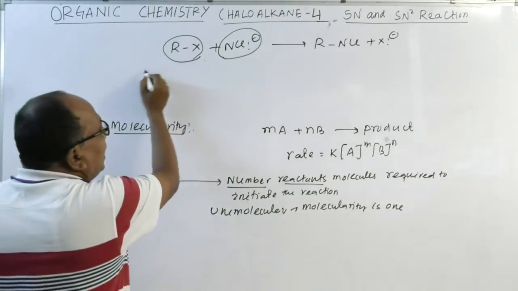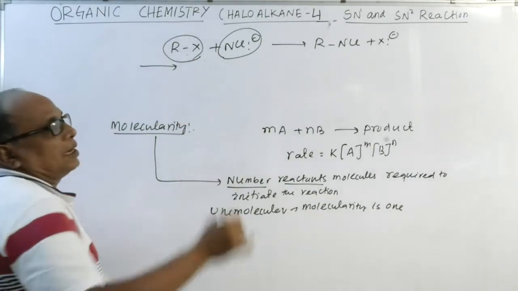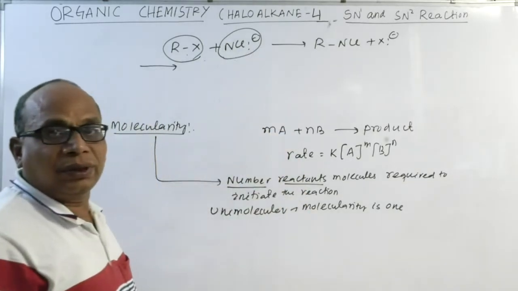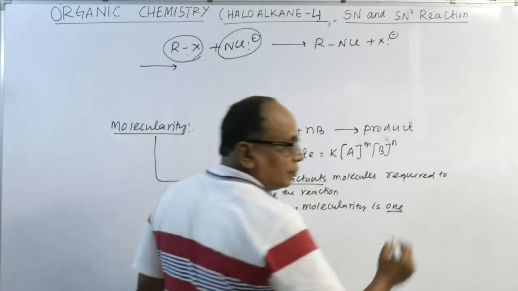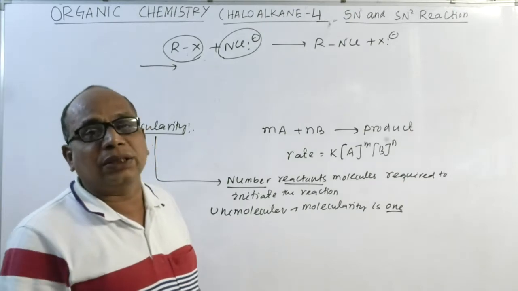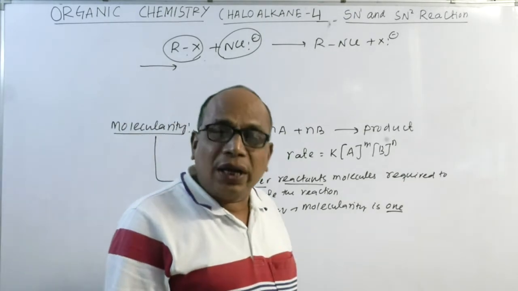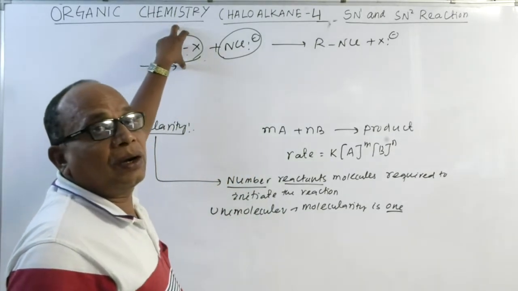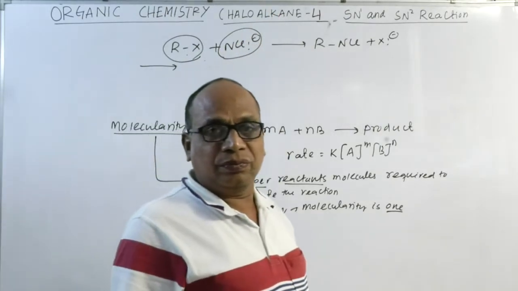So the reaction begins with either the alkyl halide or the nucleophile. That's why you can say the molecularity is 1. When you study the mechanism, the reaction is initiated by only one reacting species, that is your alkyl halide or nucleophile. Let us see it in the mechanism.